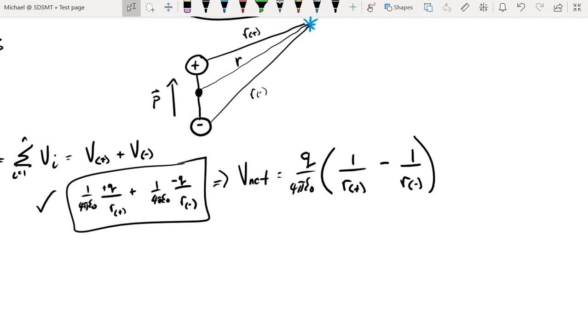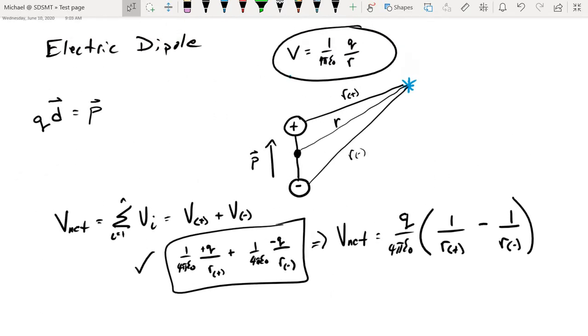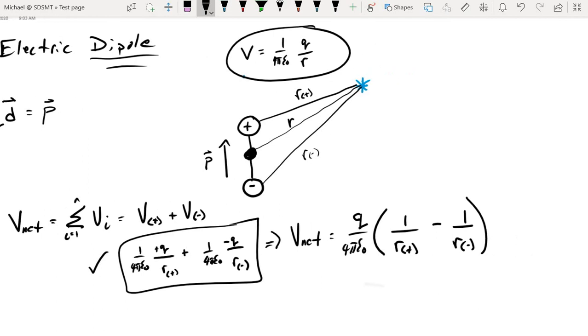But if you remember our previous discussions on dipoles, these dipoles are going to be pretty small. The reason why it's so important to discuss dipoles is that you run into a lot of electric dipoles in areas like chemistry, and if the structure of the dipole is in fact very small, then it just makes more sense and it's more efficient to measure from a general center point of that dipole.